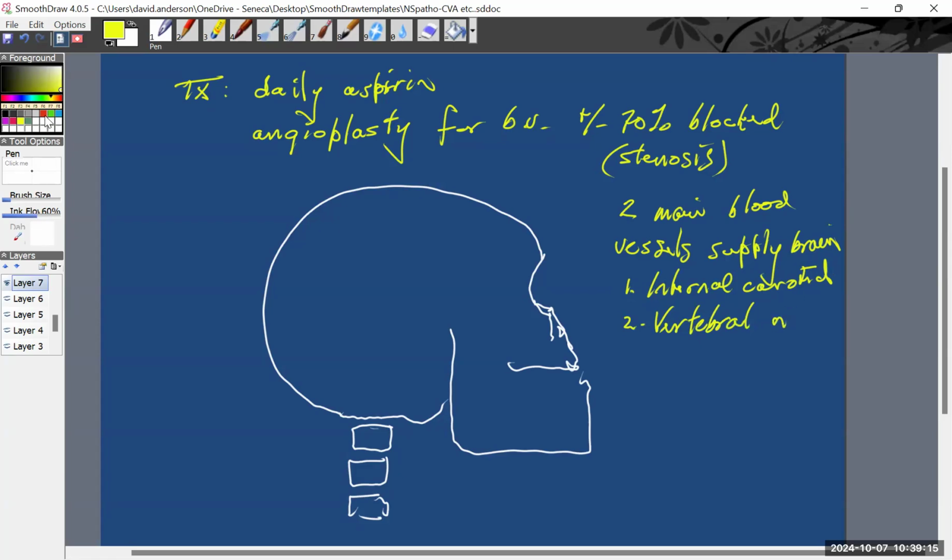Now the internal carotid artery is going to travel anteriorly in front of the vertebrae. The common carotid branches off of the aorta on the left and off of the subclavian artery on the right, more than we need to know for now, and is going to travel and branch. The internal branch is going to enter the cranium, so we're not going to worry about the external branch.